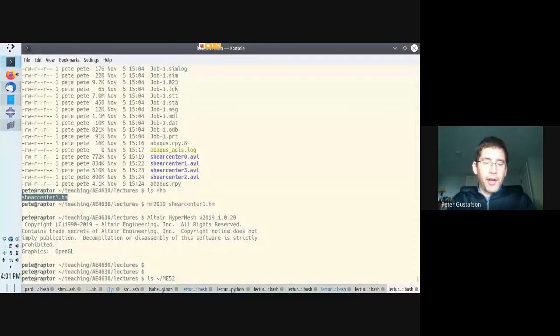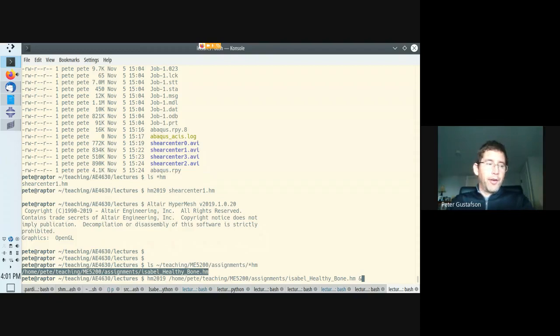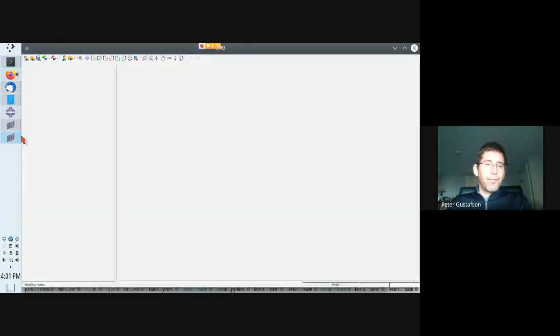So I'm teaching this other class right now, orthopedic biomechanics, 5200 assignments. Let's see here. So here's another one. Here's a model that one of the students in that class is using right now.